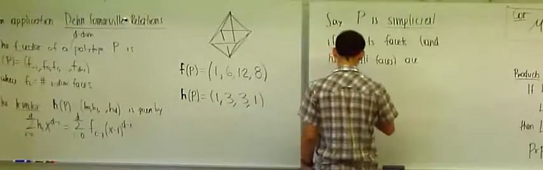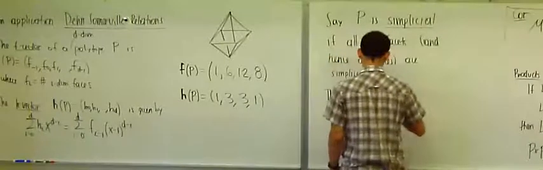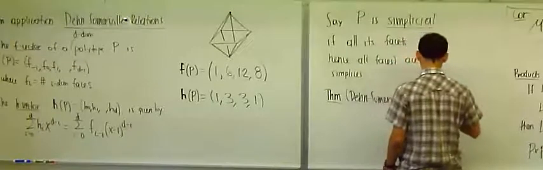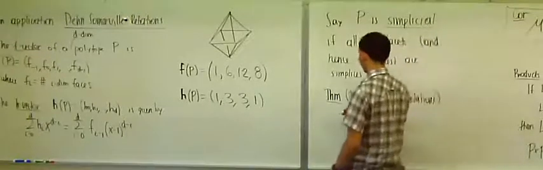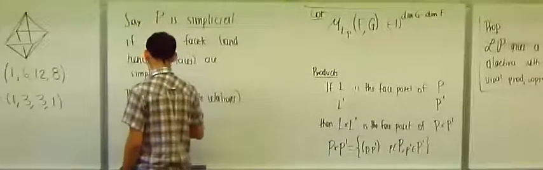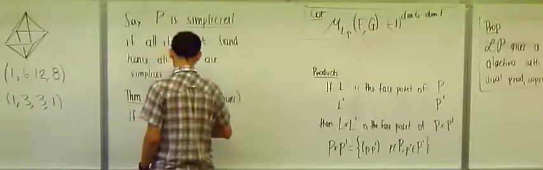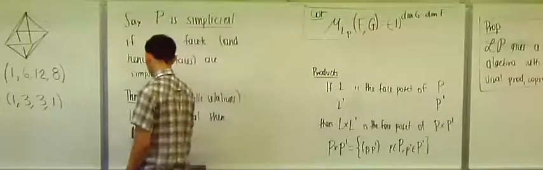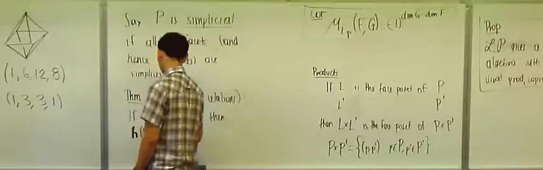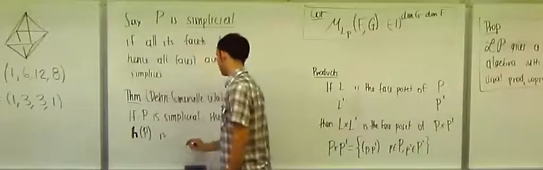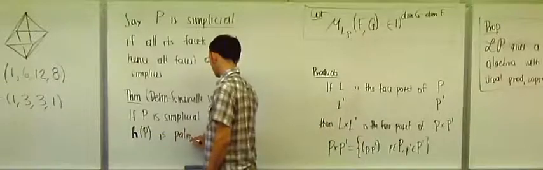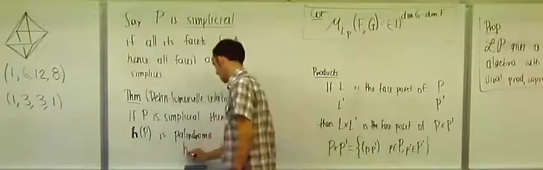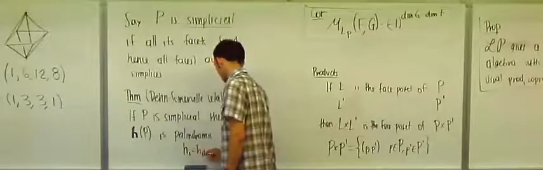These are the Dehn-Sommerville relations. The theorem is that if a polytope is simplicial, then the h vector is palindromic, meaning that hi is equal to hd minus i for all i.